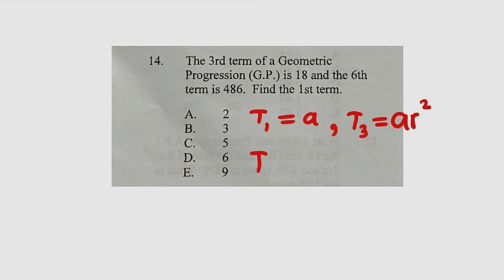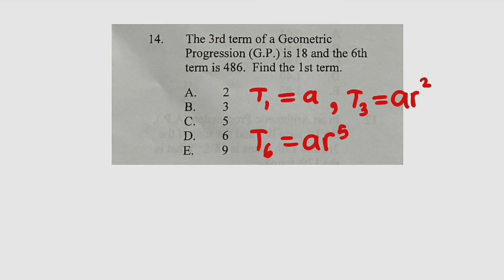And term number 6, which is the sixth term, is equal to AR to the fifth power. But according to this question, term number 3 is equal to 18, while term number 6 is equal to 486. We are asked to find the first term.